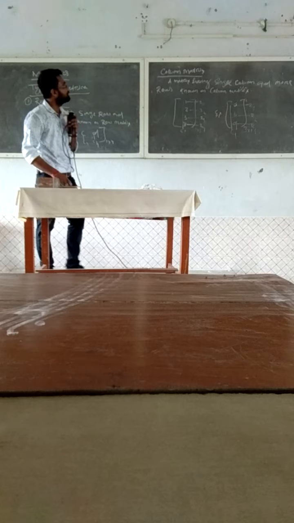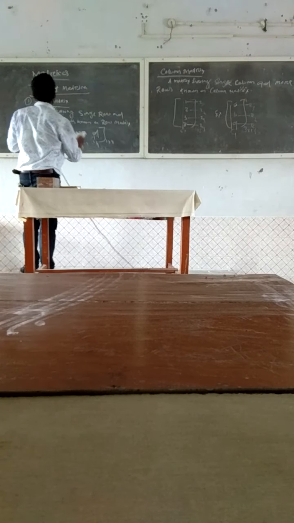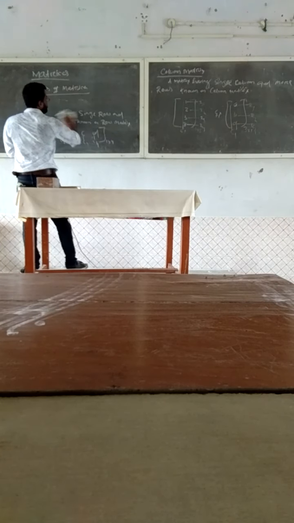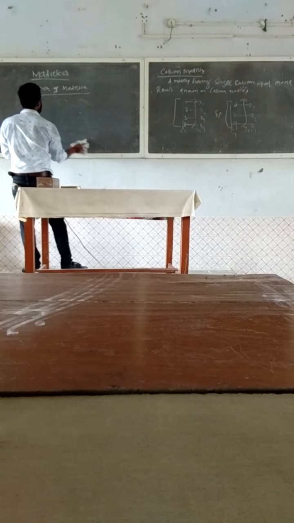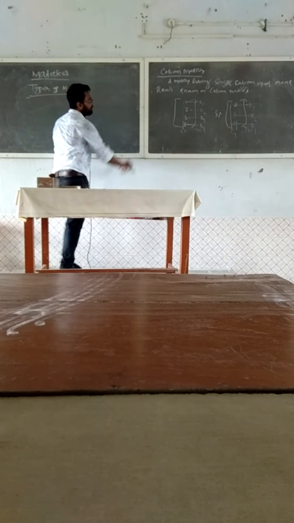Now to study the rectangular matrix. A rectangular matrix is a rectangle shape with the number of rows not equal to the number of columns.